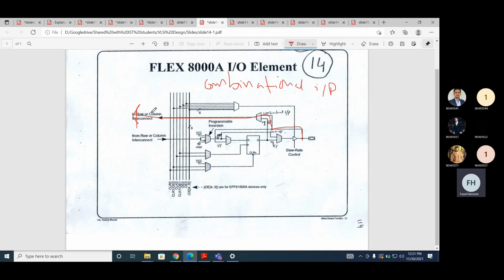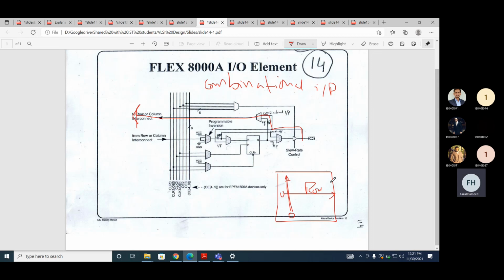Now let's assume the pin is here. If the pin is here, it will be connected to the column fast track interconnect. And if the pin is here, it will be connected to row fast track, depending on the location of the pin.